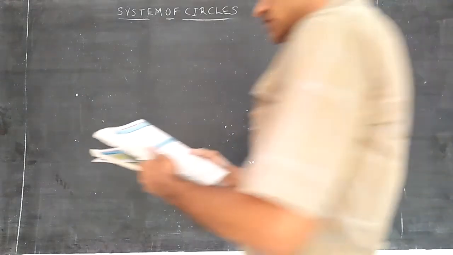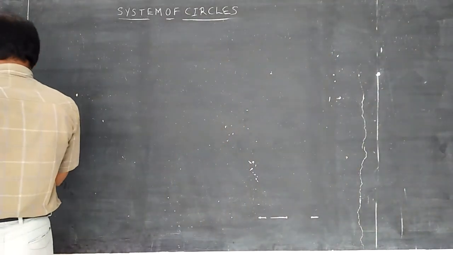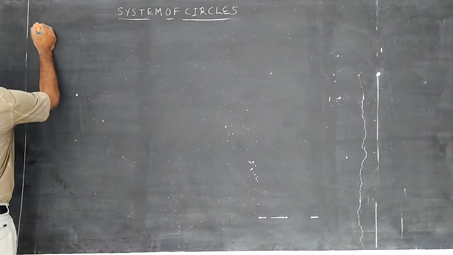To find the radical axis, students, you should observe example 2, page number 90, which I am discussing with you now.